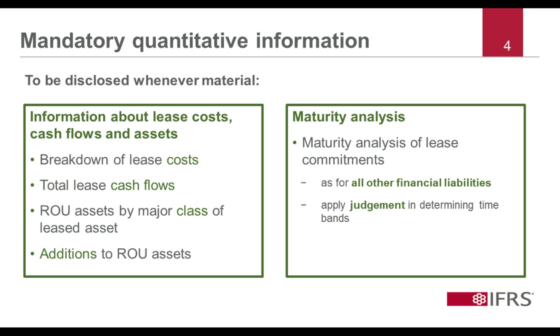And what we found was that investors tend to use certain specific line items rather than the whole table. And therefore, we concluded that it would better balance the costs for preparers and the information needs for investors if IFRS 16 required only those particular disclosures that investors consider to be the most important.